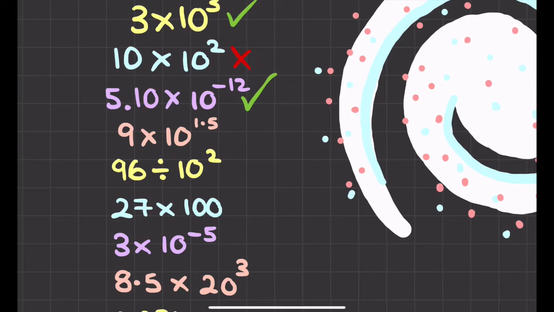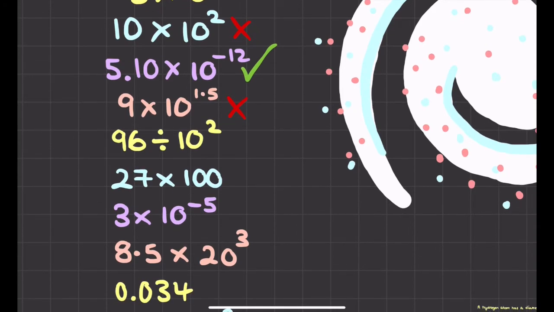The answer is no, because you can't have half of a power in standard form. Okay, if it's got half a power, it's not in standard form. Right, the next one here, this one's no as well, because it has to be times by a power of 10, doesn't it?